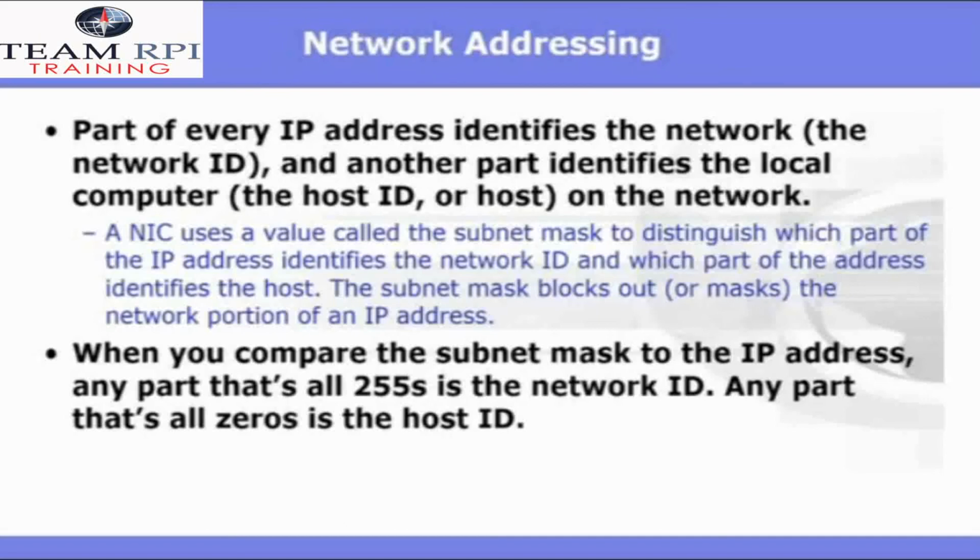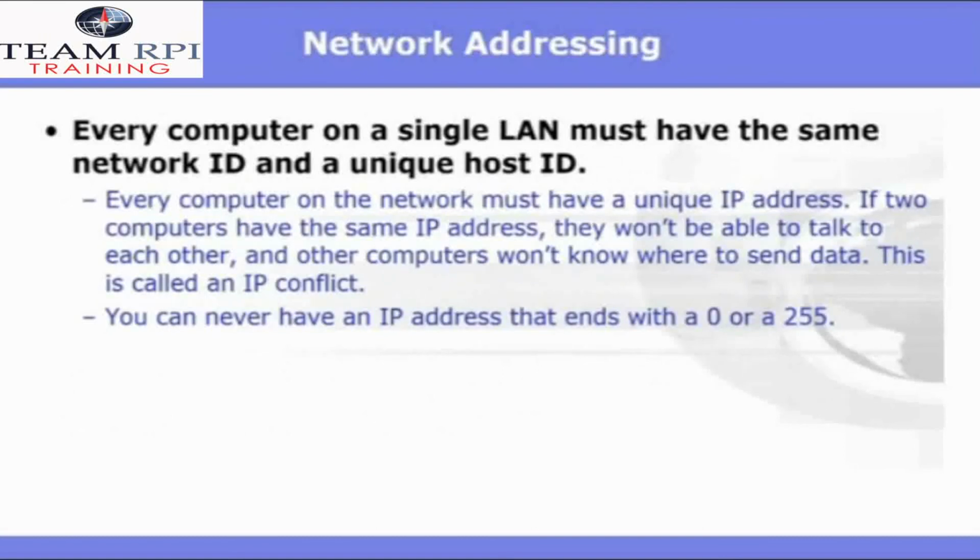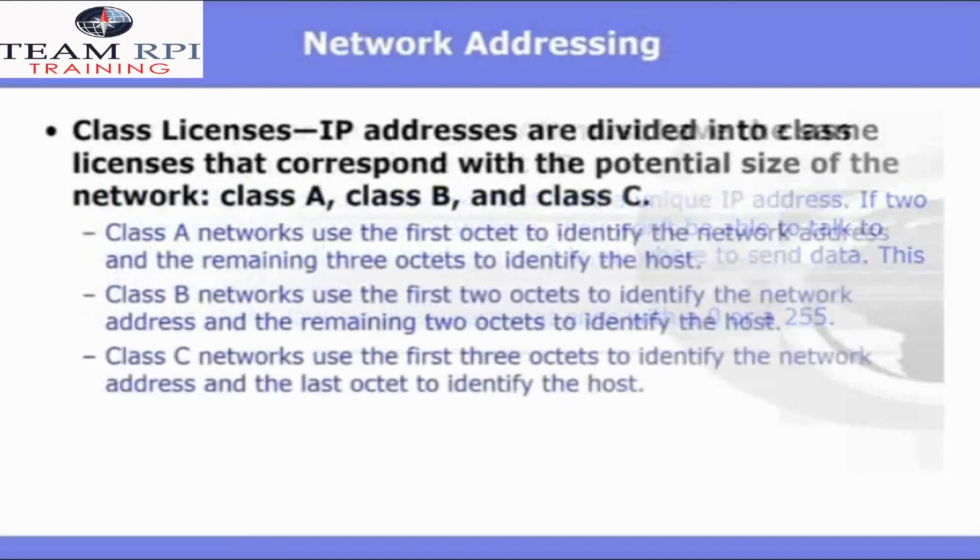Any part that is all zeros is your host ID. Every computer on a single LAN must have the same network ID. However, they also must have a unique host ID. When you end up with two computers with the same host ID, you'll have what is called an IP conflict.